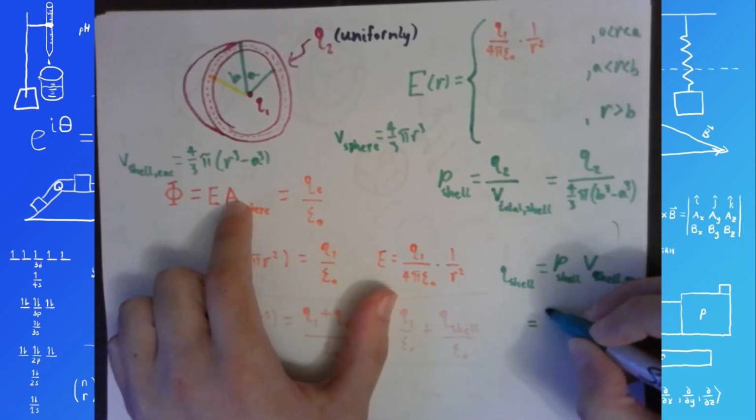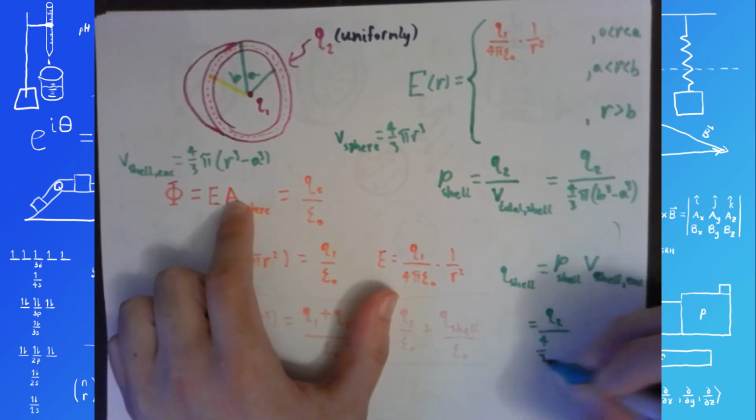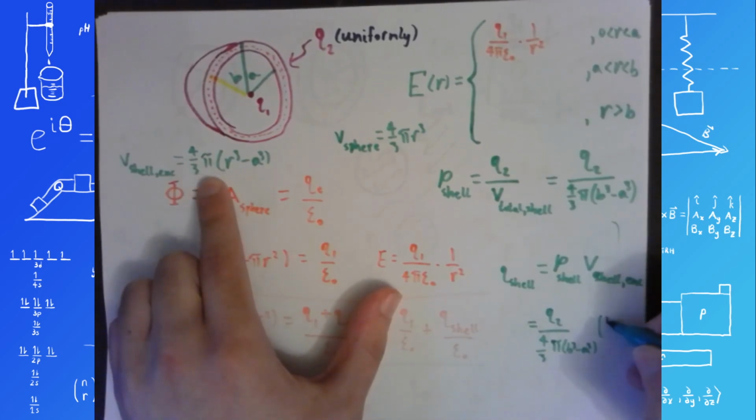So I have Q2 over 4/3 pi (b cubed minus a cubed), all times 4/3 pi, and then r cubed minus a cubed.